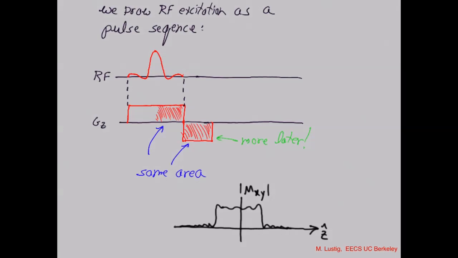Okay, so here's how we draw the RF excitation. This is a pulse sequence diagram where this is time, and this is the RF waveform. This is the gradient in the z direction waveform, and we tell the scanner, at this time point, turn on the gradient in z, keep it on for a certain amount, and then make it negative, keep it negative for a certain amount, and then turn it off.